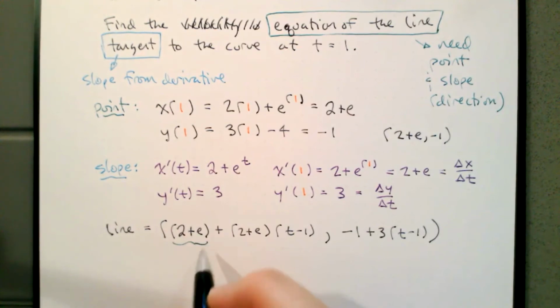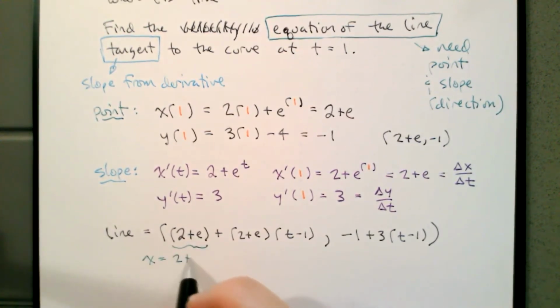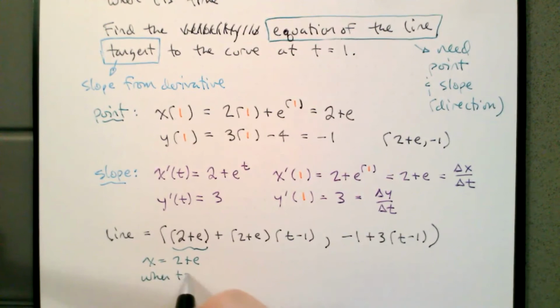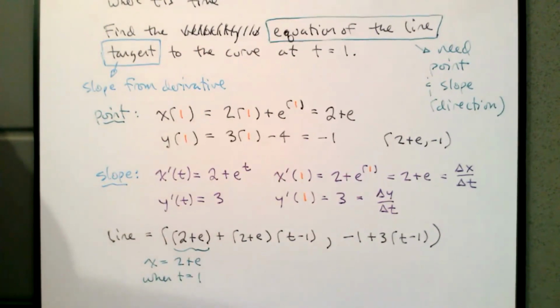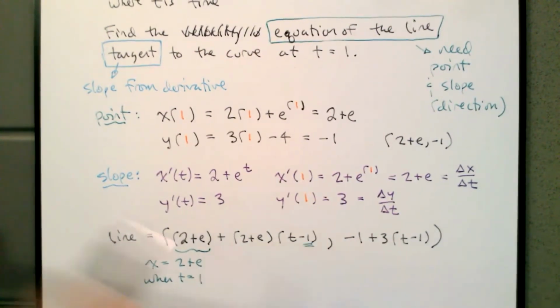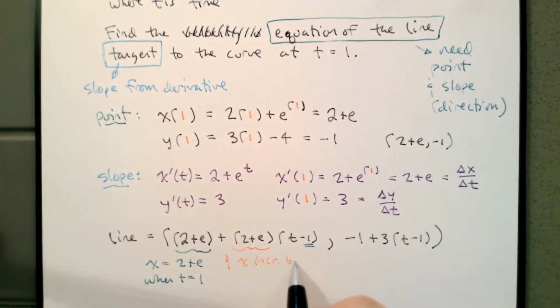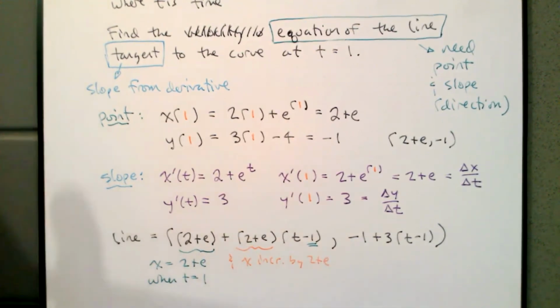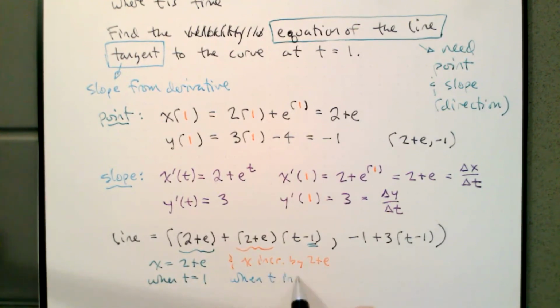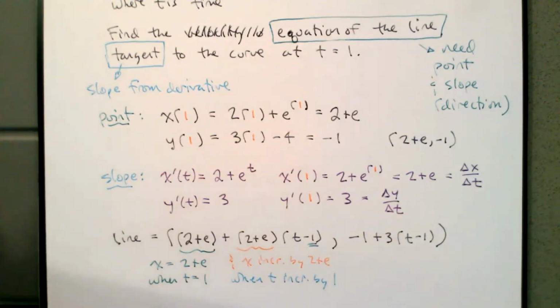This says x is equal to 2 plus e when t is equal to 1, combined with this minus 1 out here. And this plus 2 plus e says x increases by 2 plus e every 1 unit when t increases by 1. That's the read that we get from that equation.